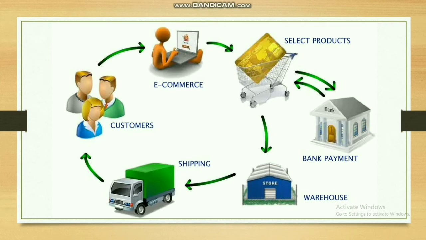what happens? The transaction happens, and with the bank, his bank account is being debited for the amount, and the Amazon account is being credited, and the instructions are given to the store that the desired product is being shipped to his address.